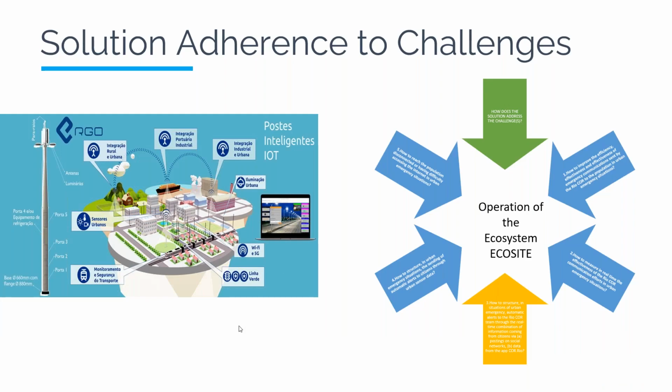As Milton said, our challenge was split into 5 challenges, and for 4 of them we can address a solution. In the middle of our solution, we have a smart pole. We call it EcoSite. This is an urban solution that we can install anywhere, in the middle of the city or the country, for transportation, industry, no matter what.